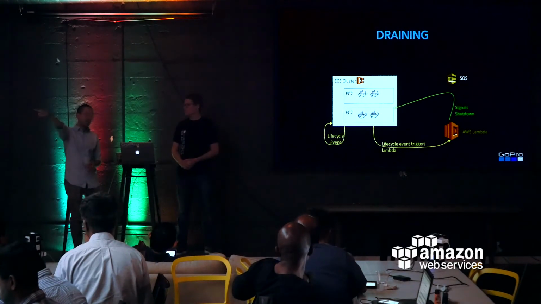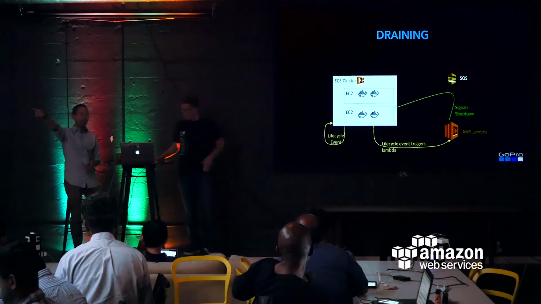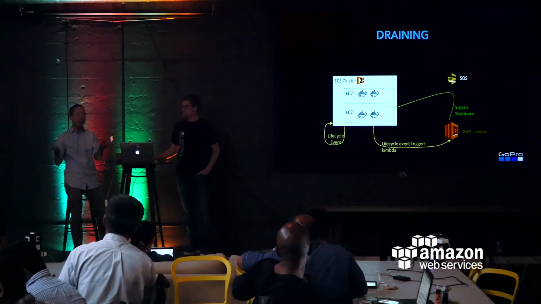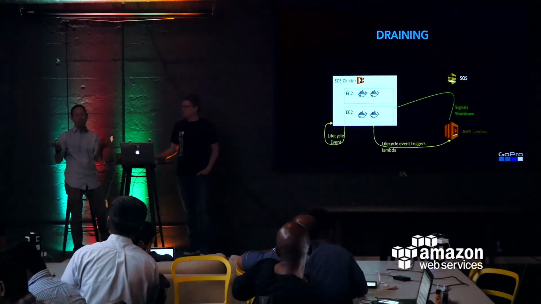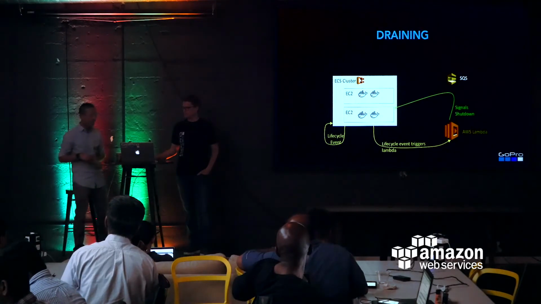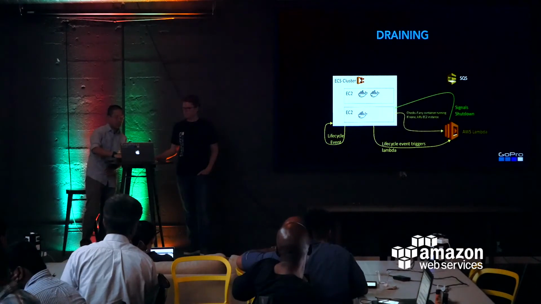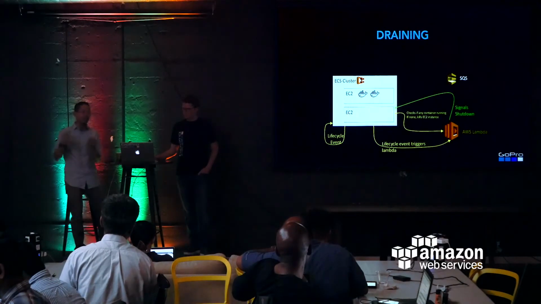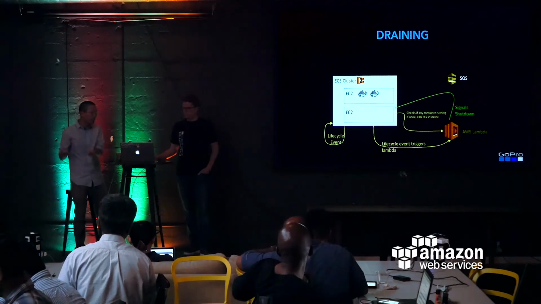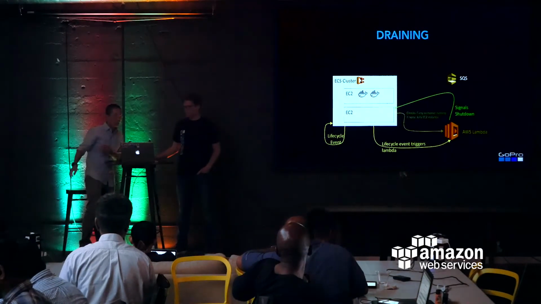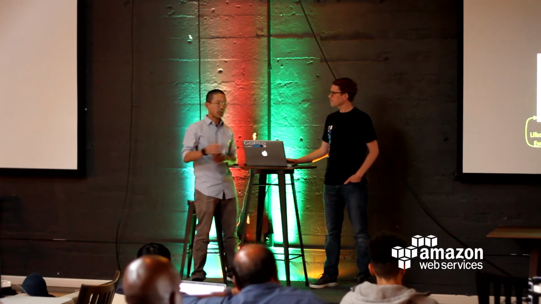And earlier I mentioned, if you recall, that the only change we needed to make in our code was supporting the signal to drain. That's what's happening here. So you get a little high-level view. And then, until the container is actually done, it starts killing off the EC2 instance. And that's how our draining works.